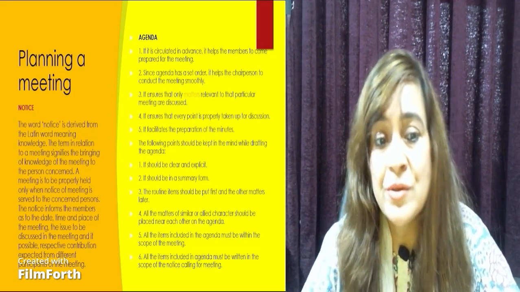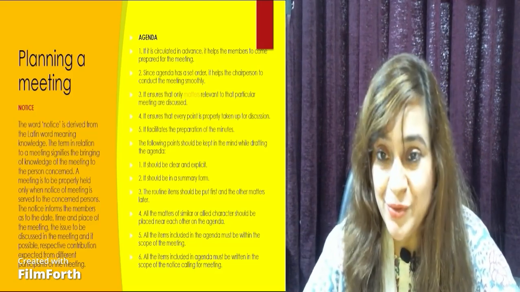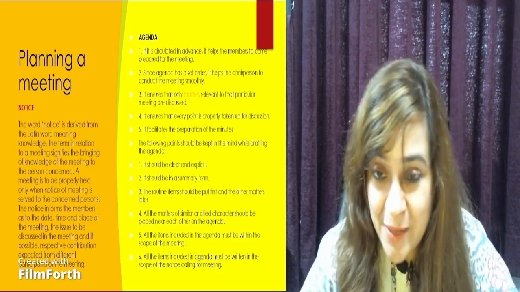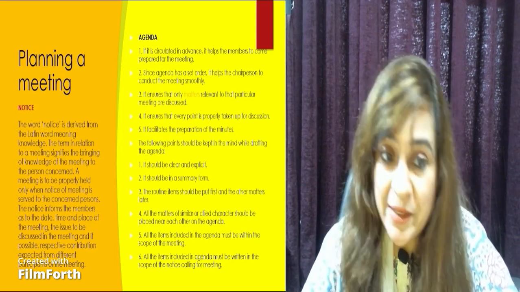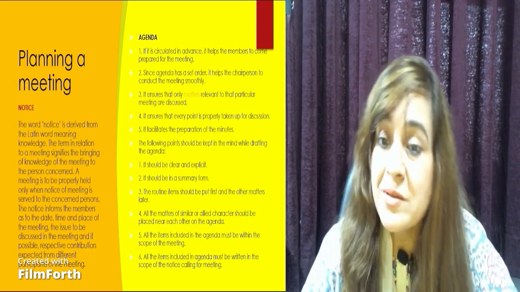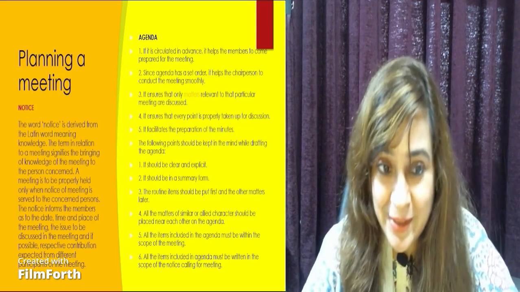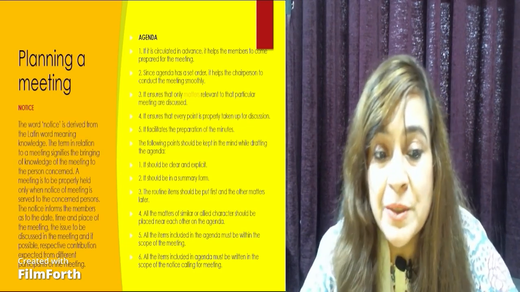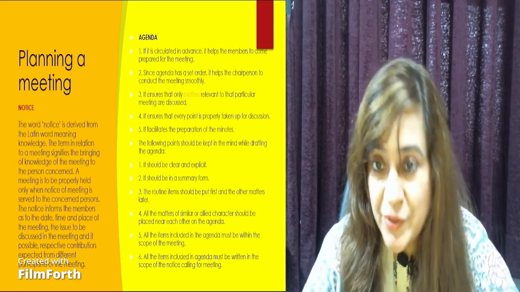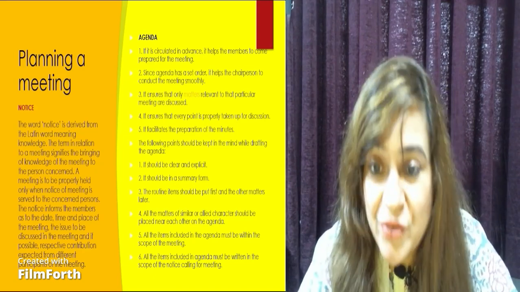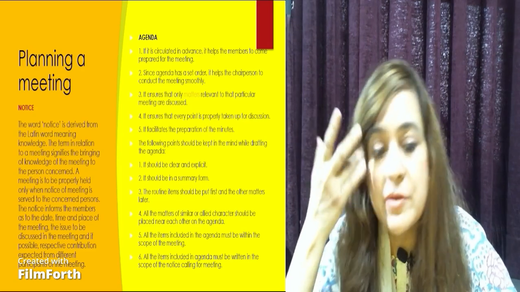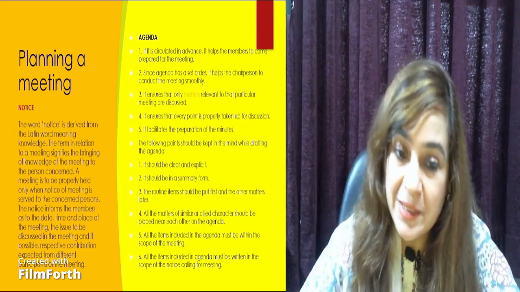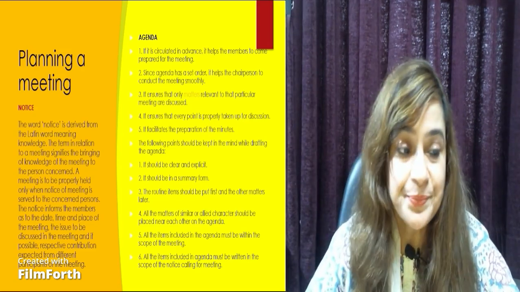The function of the notice is that the members are informed as to when the meeting will take place: the date, the time and the place of the meeting, and also what issue is going to be discussed. If possible, respective contributions are also expected, so that is also mentioned, if there is any contribution to be made from the different participants. So obviously it involves all this.